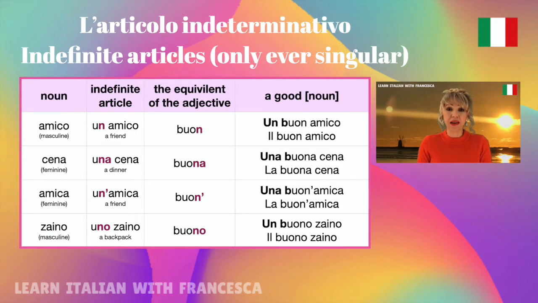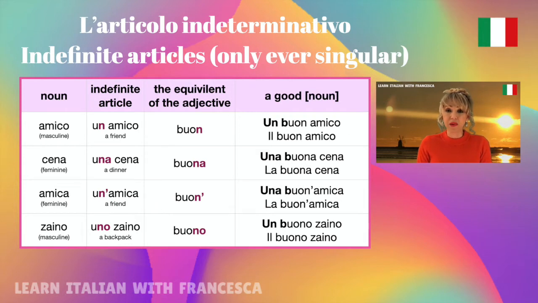The next example is the noun amica, feminine singular beginning with a vowel. The indefinite article for amica is un'amica, UN apostrophe, un'amica. The correct version for the adjective buono would be buon with an apostrophe, buon'amica. To say a good female friend, you would say una buona amica.